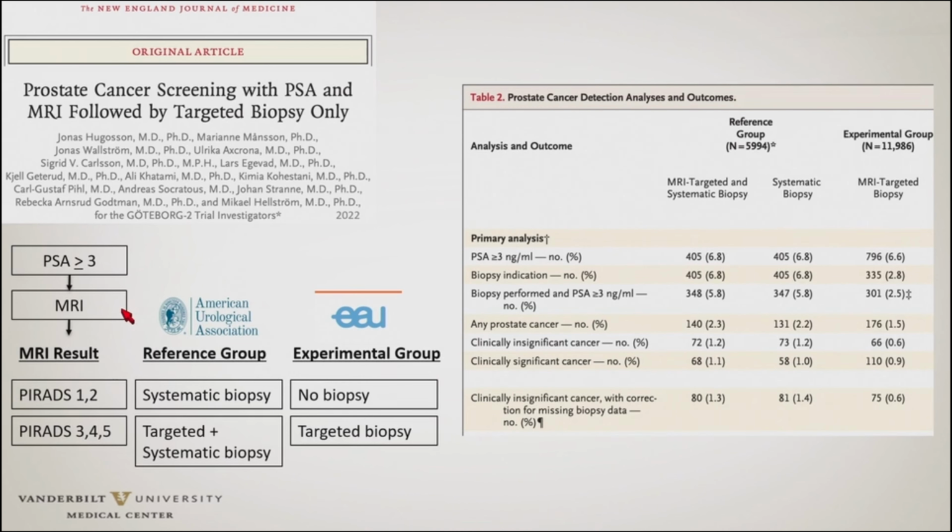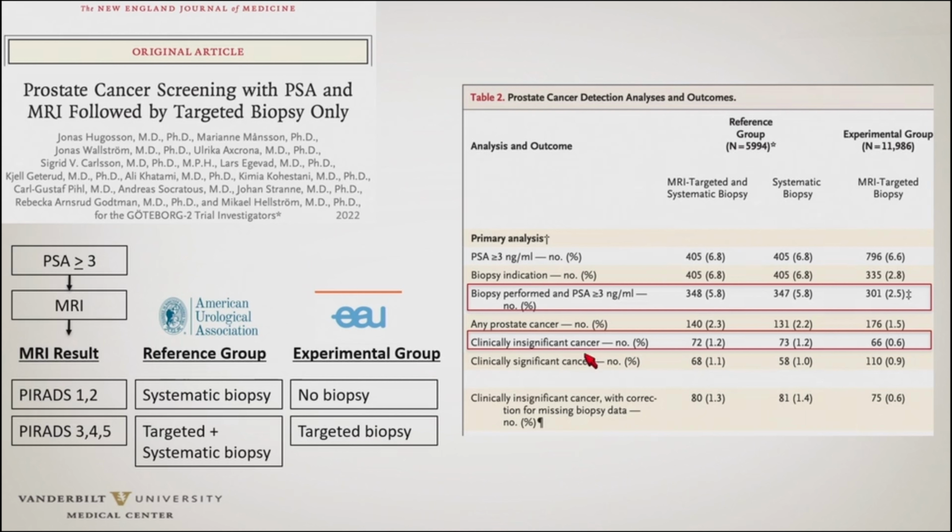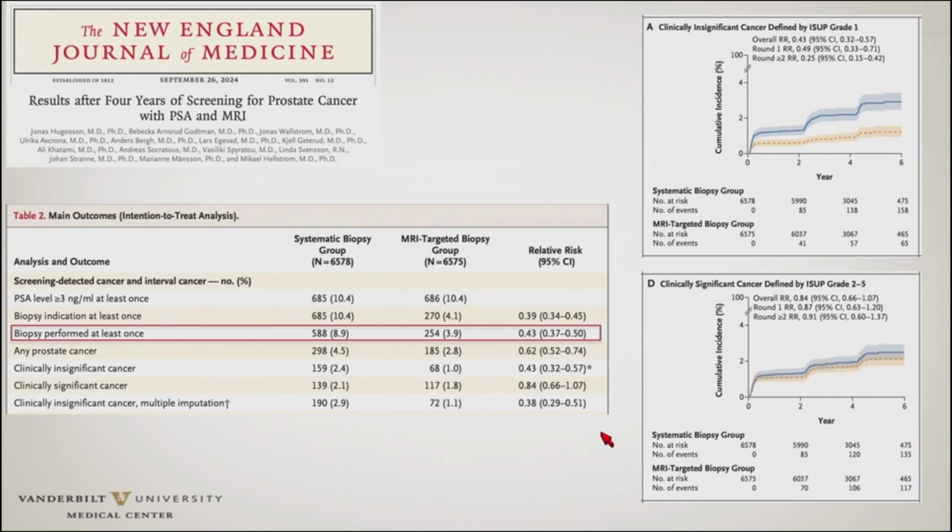They found that clinically insignificant prostate cancer diagnoses were about twice as high in those who got the systematic biopsies, and that the detection of clinically significant cancers was preserved in both groups. So in other words, nothing lost on identification of clinically significant prostate cancers, but half as many people underwent biopsy, and half as many clinically insignificant cancers were identified. And I won't go through it in detail, but 4-year follow-up basically showed the same.